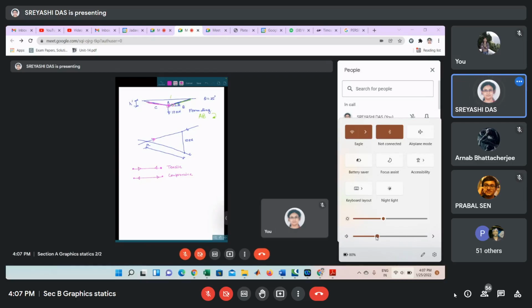The direction is C to A like this. So in this member also, the direction is away from the joint, that is a tensile load will act.